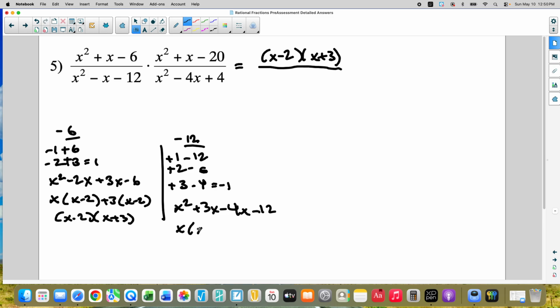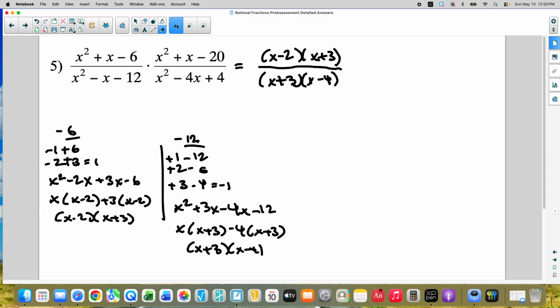Factor out the x plus 3. Factor out the -4, x plus 3, x minus 4. That's not a very good 4 right there. Let's just clean that up, just in case somebody wants to look at the notes.